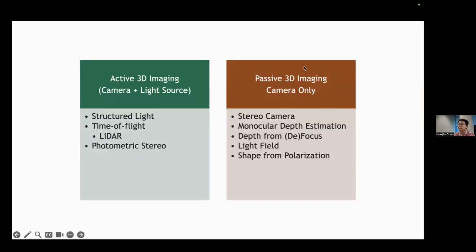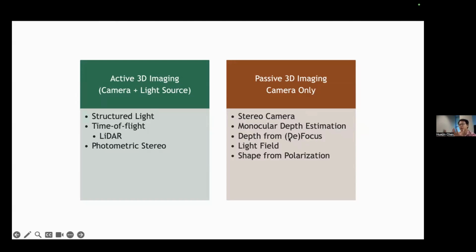Under the passive 3D sensing side, you have a stereo camera setup where you use two cameras to triangulate the depth within the scene. And more recently you have monocular depth estimation, which we will show a demo of at the end of the talk. Certain optics will also encode the depth information in very interesting forms, such as focusing and defocusing.